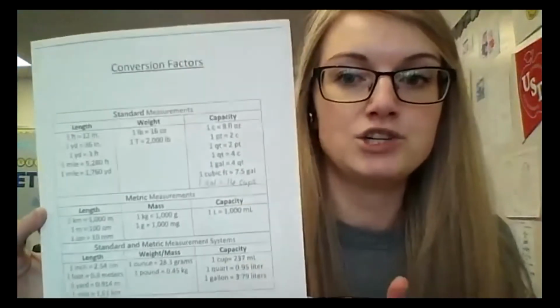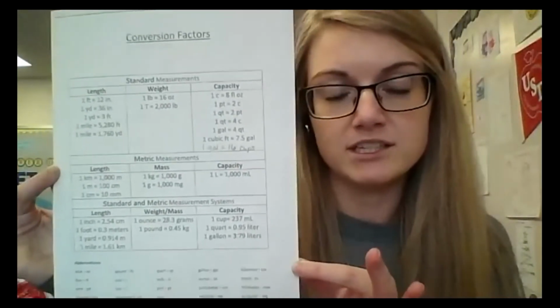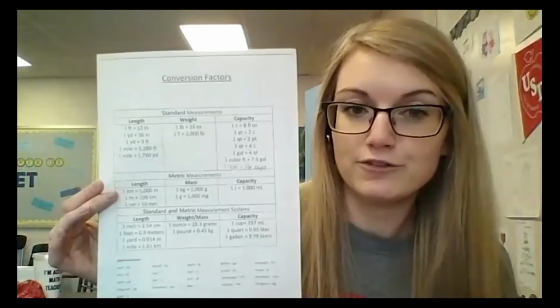And I want you to use this sheet, because if you just Google some of these conversions, Google sometimes rounds a little bit differently than I do, or they go out an extra number, or they do things kind of differently. And in order for you to get the right answers, they would all be considered correct, but the way that Big Ideas is going to count it is using these conversions right here.